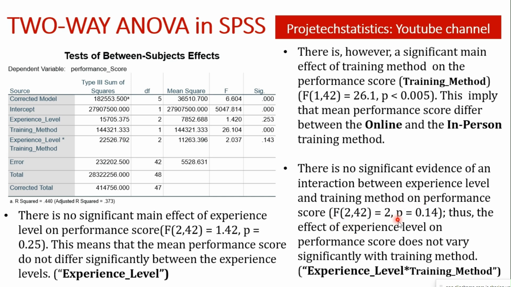So our p-value here is actually 0.14, which is greater than 0.05, so we are going to accept the null hypothesis. So the effect of experience level on performance score does not vary significantly with training method. So we see that there is no significant interaction effect between the two groups on performance score.